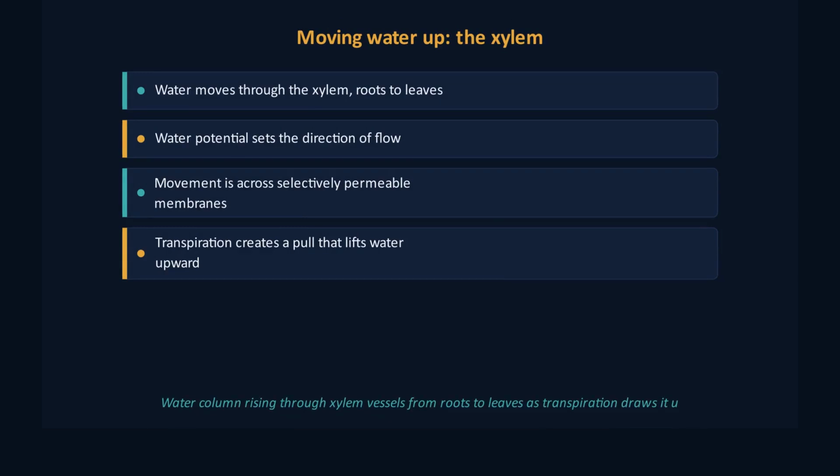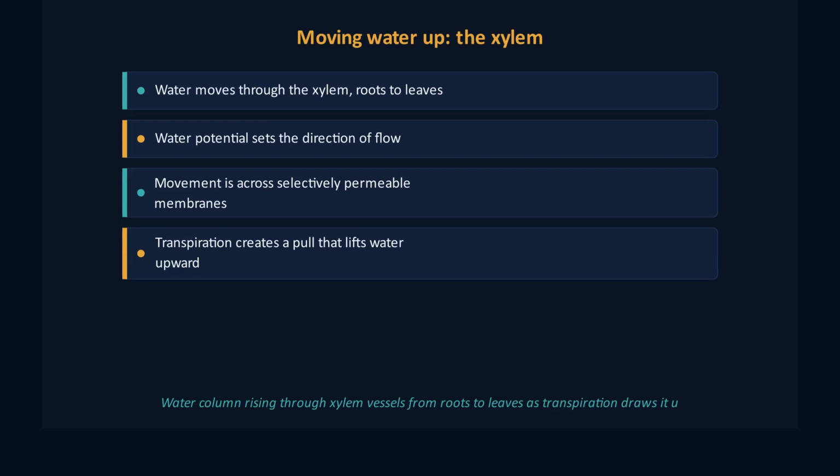Water moves through the plant in a tissue called the xylem, traveling from the roots all the way up to the leaves. But what drives it upward, against gravity, with no pump in sight? Two ideas do the work. The first is water potential, which sets the direction of flow. Water moves across a selectively permeable membrane according to this potential, always heading the way the potential dictates.